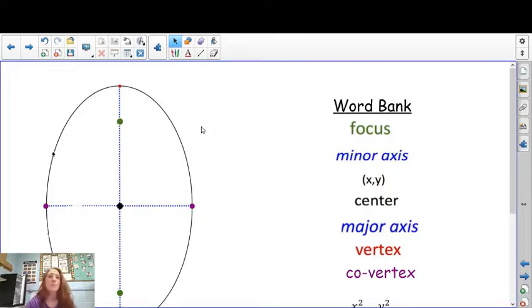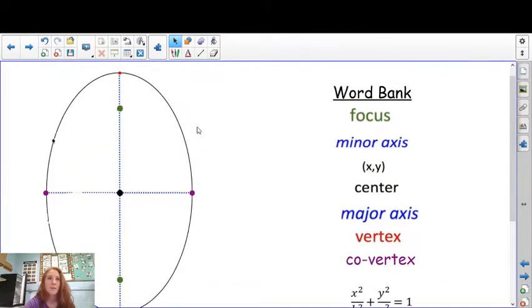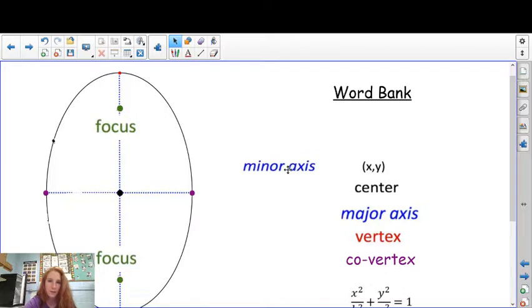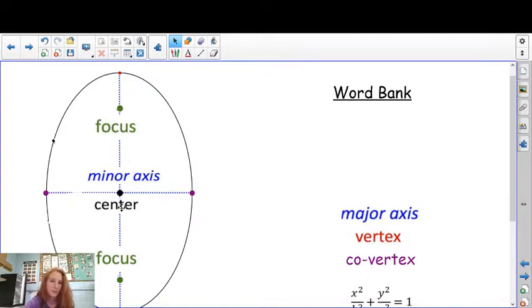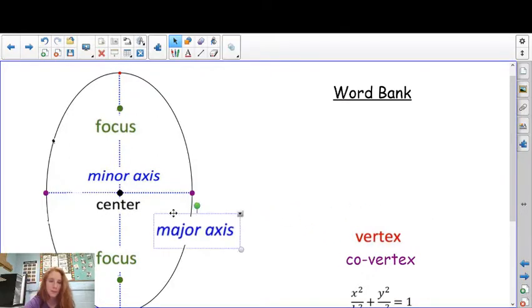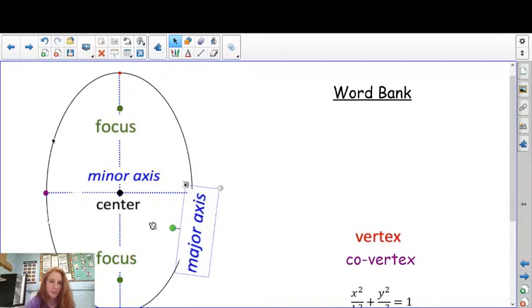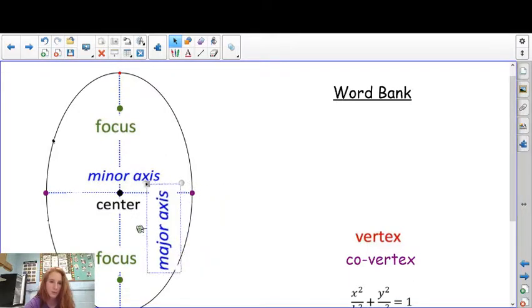Likewise, it can flip. And I might have to scroll down a little bit. My focus will still be on the major axis. This time my minor is going across. My center will still be in the middle. My major axis this time, however, gets flipped since it's going up and down.